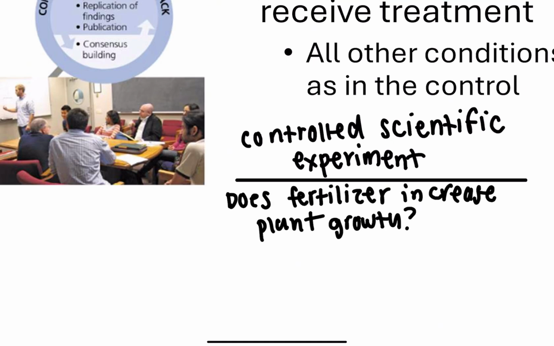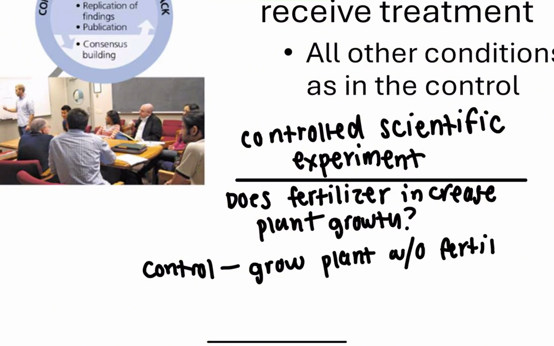The first thing that we need to do is create a control group. In our control group, we are only going to grow a plant without fertilizer. And then we are going to measure how much it grows.